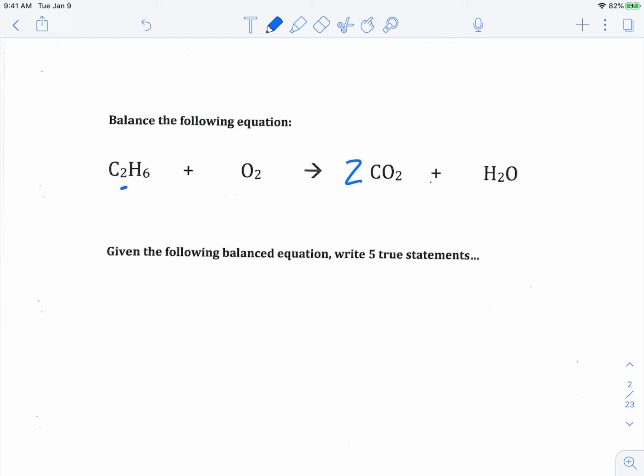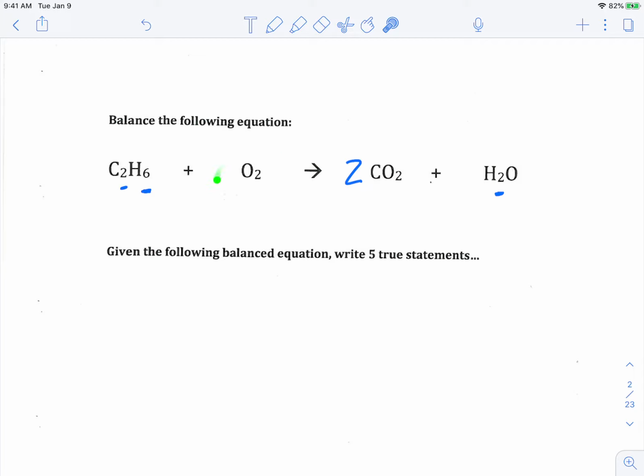Now on the product side, I've got 2 H's, and on the reactant side, I have 6. Because these are both even numbers, I would probably proceed with balancing the H's. If we look at the O's, I've got 2 on the reactant side, but on the product side I've got 2 times 2, which is 4, plus the 1, which is 5.